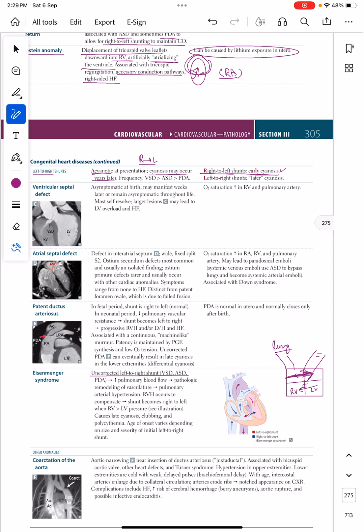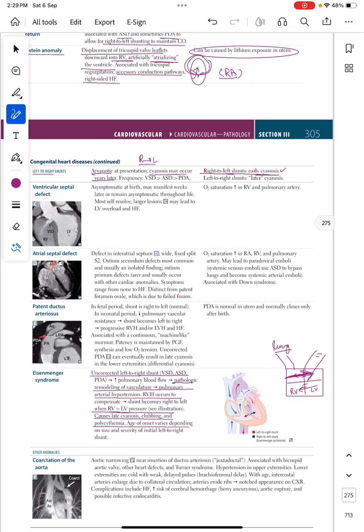Pulmonary blood flow increases and it causes pathological remodeling of the vasculature. Pulmonary arterial hypertension develops, and later on cyanosis, clubbing and polycythemia develop, but this happens very late in life, usually before development of Eisenmenger syndrome. It is treated.